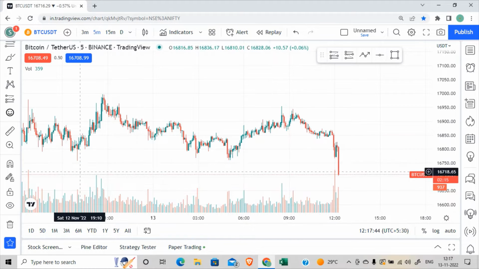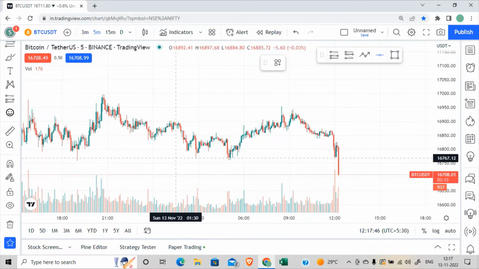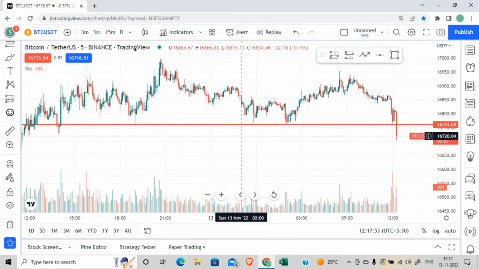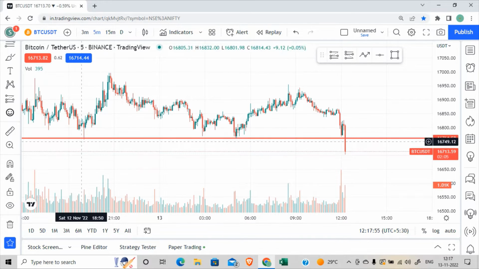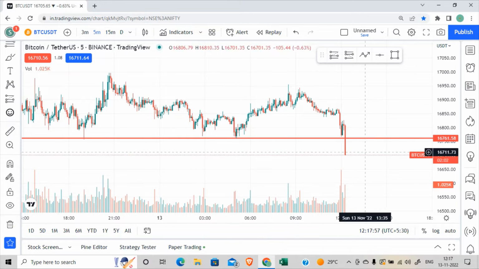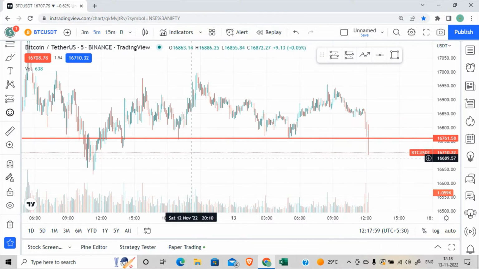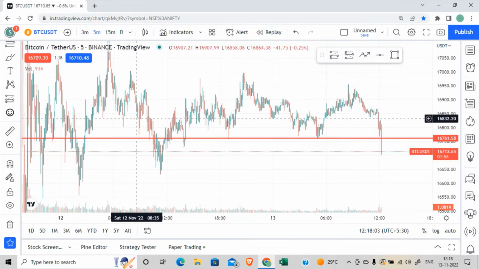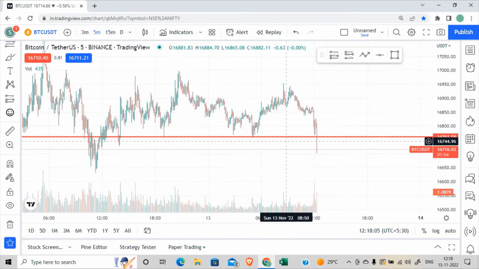Let's draw it first of all. Take a line and mark it here. As you can see, many times it took support, 1, 2, 3, and a fake here also, 4, and then it went down. So it is the support line.